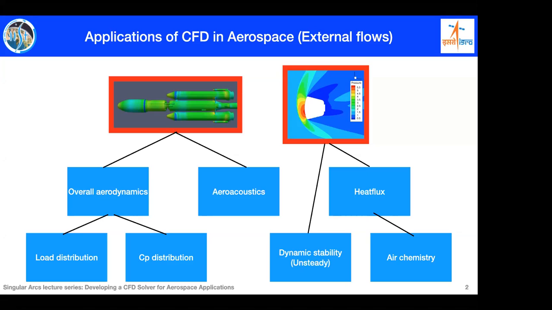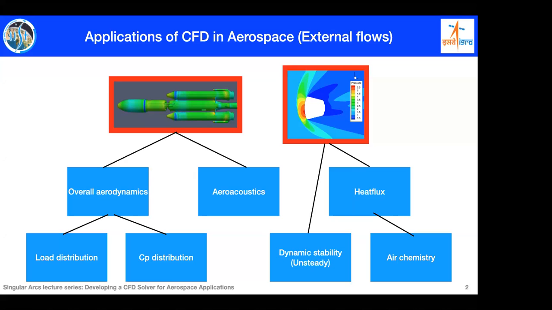When we go to re-entry vehicles, overall aerodynamics is definitely important, but there is another important application, that is estimation of heat flux. That governs the thermal protection system of the re-entry vehicle during re-entry. This has a perfect gas component as well as a chemically reacting component. When the vehicle is re-entering the atmosphere, the air will dissociate in front of it, and N2 and O2 will become NO and give electrons also.